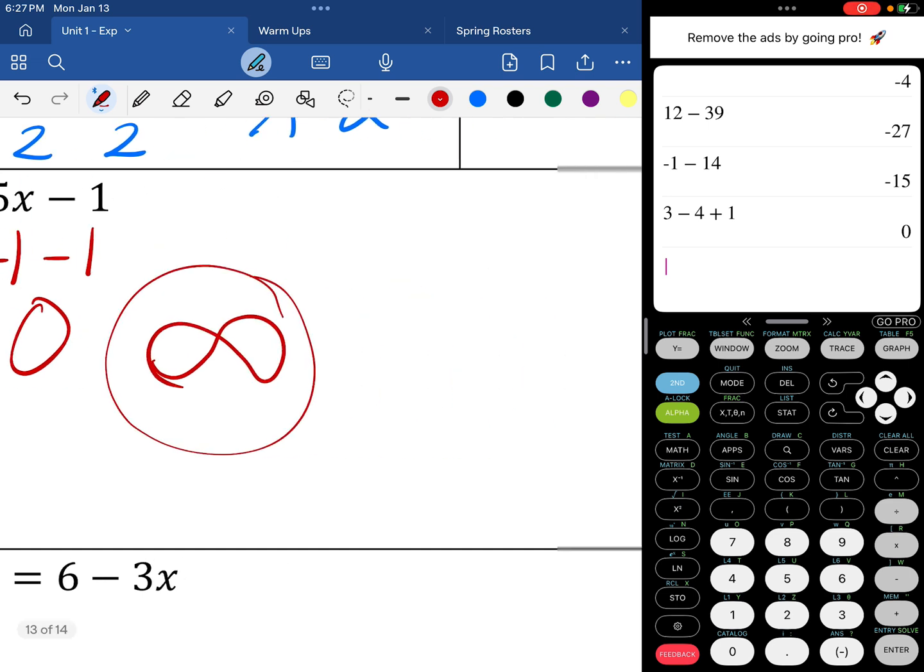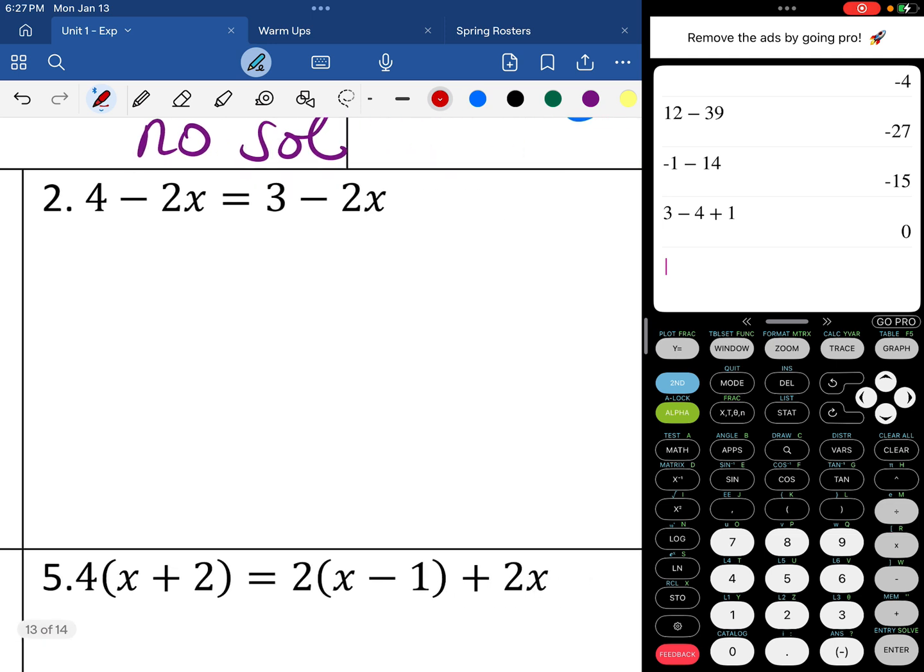Okay? Let's look at number 2 right now. 4 minus 2x equals 3 minus 2x. Let's go ahead and do our split. This 4, it's on the wrong side, so we've got to carry it over and it becomes a negative. Negative 2x drops down. What happens to that 3? He's on the correct side, so he just comes down and stays positive.